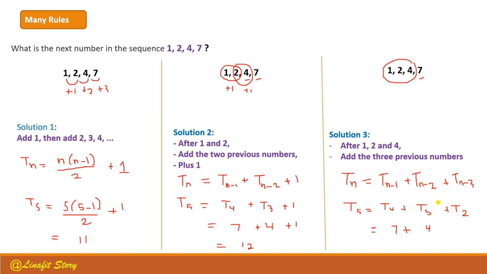The second term is 2. Seven plus 4 plus 2 is equal to 13. So, we have 3 perfectly reasonable solutions, and they create totally different sequences. Which is right? They are all right.